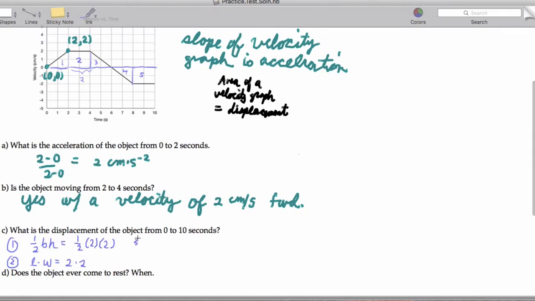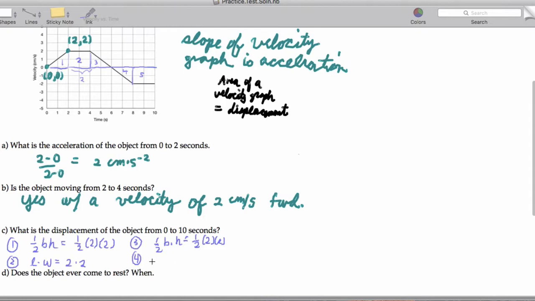And then for region 3, it's going to be another 1/2 base times height. So again, 1/2 base times height, which is 1/2, 2 times 2, and then region 4.